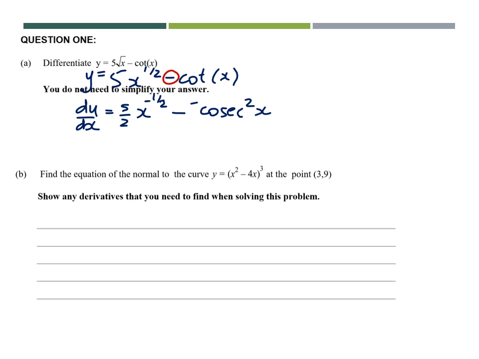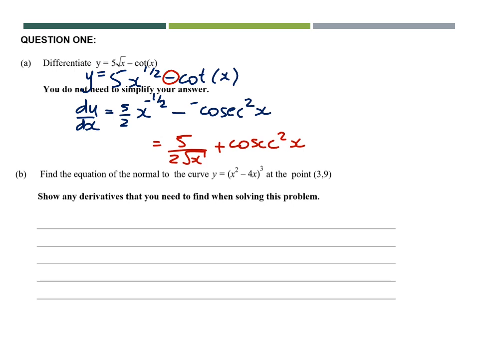Happy with that? If I wanted to write it neatly, I could write down this is 5 over 2 root x plus the cosec squared of x. Happy? Next part would be find the equation to the normal.